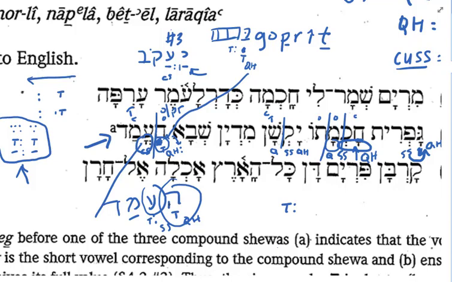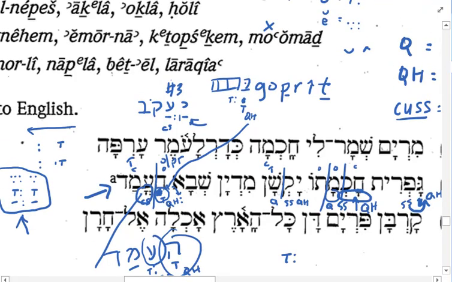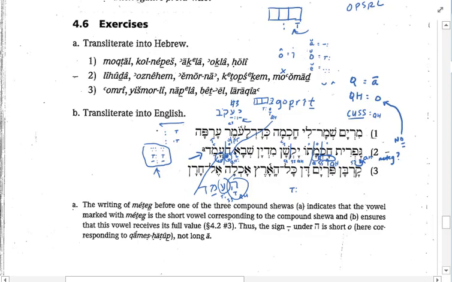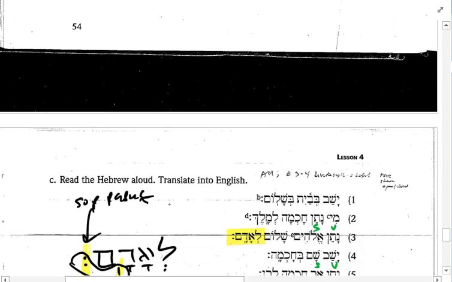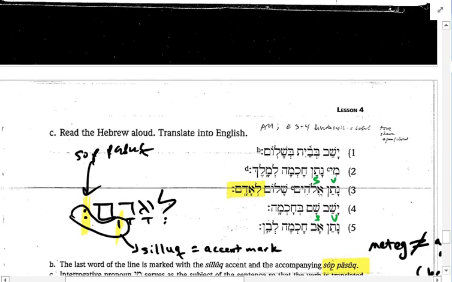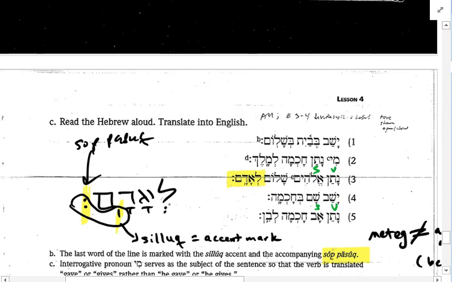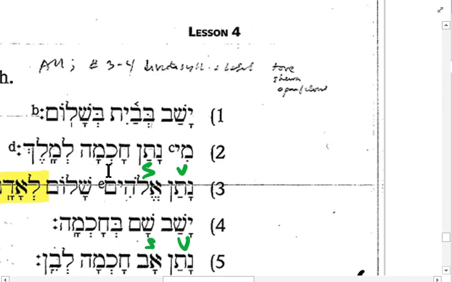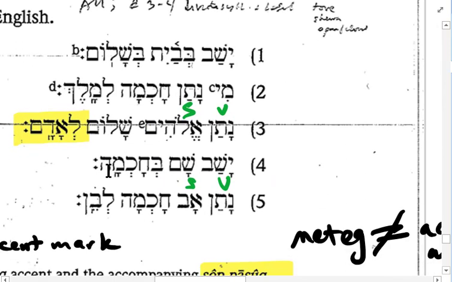All right, any other questions about your transliteration homework? Well, on section C, sir, when it was talking about translating from Hebrew to English, there were just some words I didn't know. Which words did you not know?